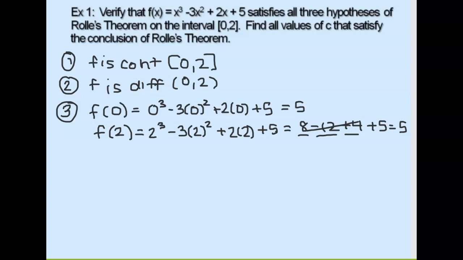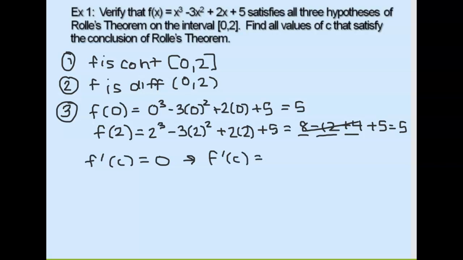So if all 3 conditions of Rolle's theorem are satisfied, then it says to find all values of c that satisfy that. Well, what that means is I need to find when f prime of c equals 0, which means I need f prime of c.